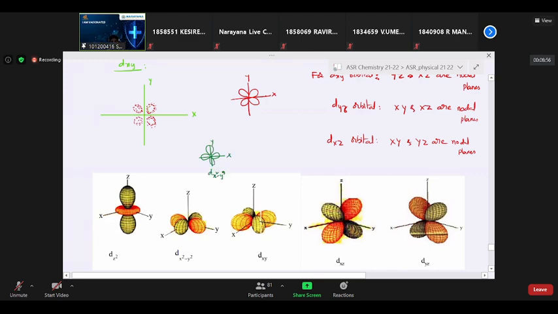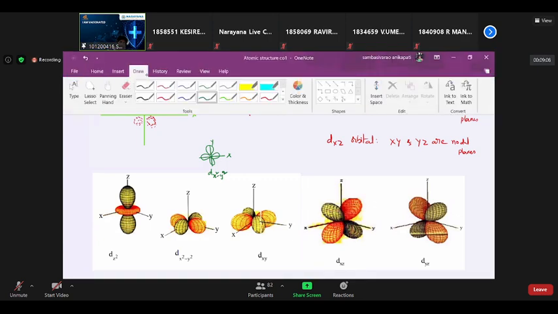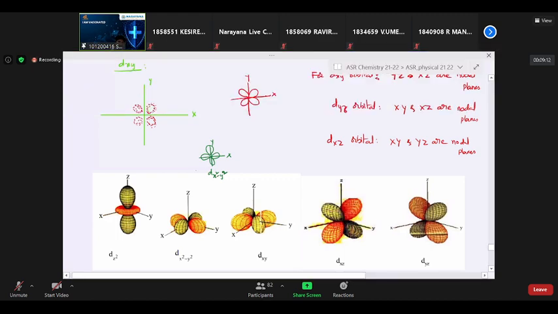Just imagine a plane which is passing through Q1 to Q3, exactly at 45 degrees angle. Over that plane, there is no possibility of electron.